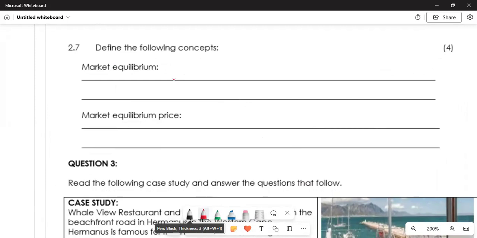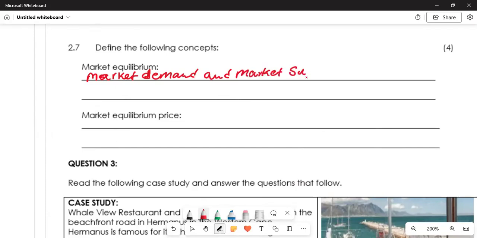So market equilibrium, that is when market demand and market supply are the same.